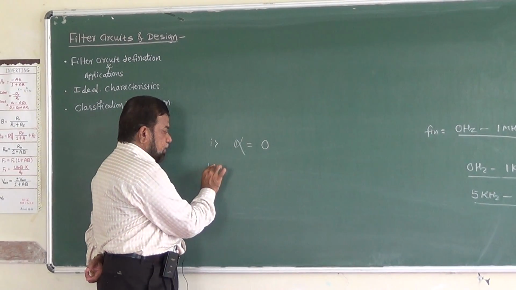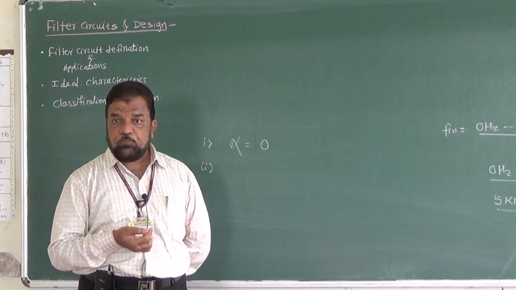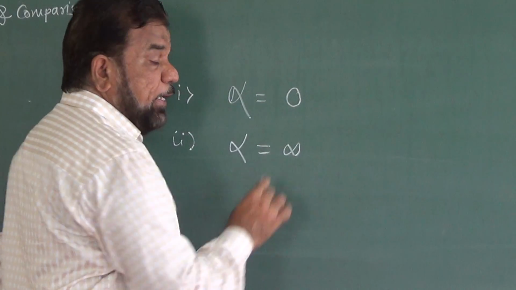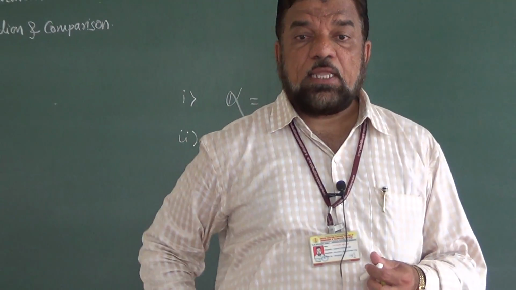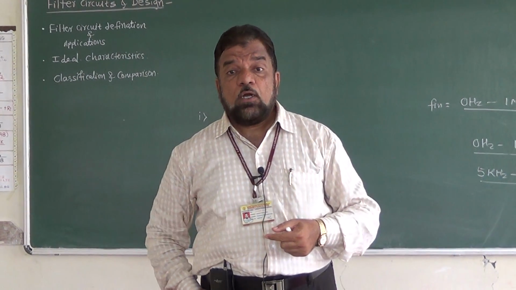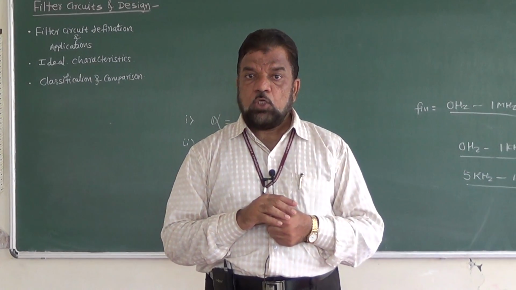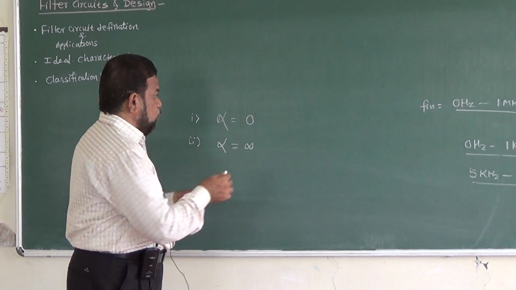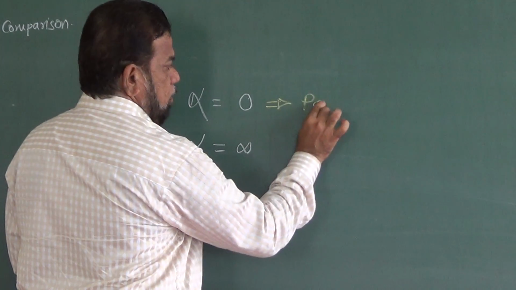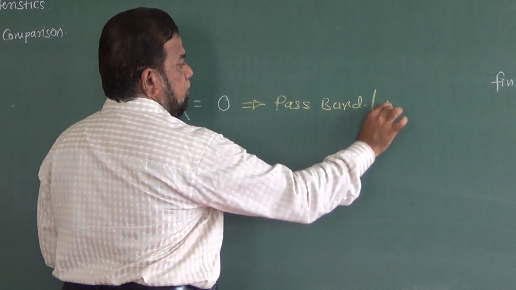Second characteristic, there exists another frequency range corresponding to which the attenuation constant must be infinite. Since the attenuation is infinite, there should be total reduction of the frequencies. So corresponding to alpha equal to 0, what I am getting is the pass band or a transmission band.